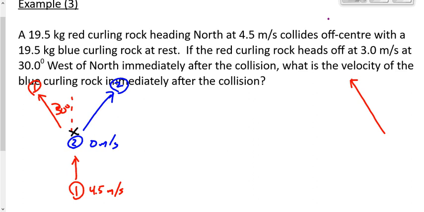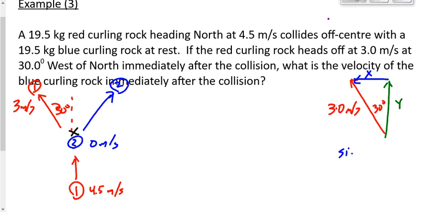Here's my, what was this? 3 meters per second up here, right? 3.0 meters per second at an angle of 30 degrees. This is X. This is Y. Let's find X. Amelia, which trig function do I use for the X component there?